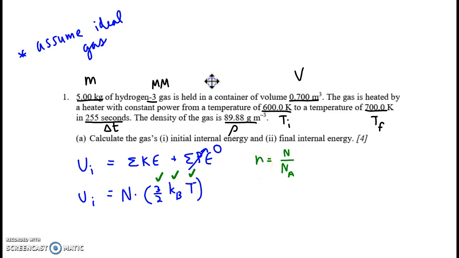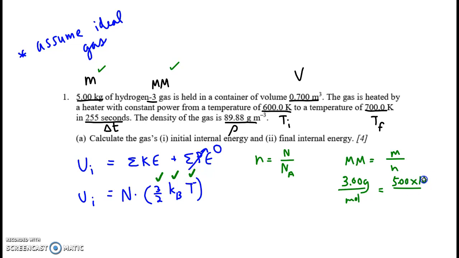How do I get that? I have mass and molar mass. So I use the equation for molar mass. I plug in my 3.00 grams per mole. The mass of my substance, how much I actually have, is 5 kilograms.